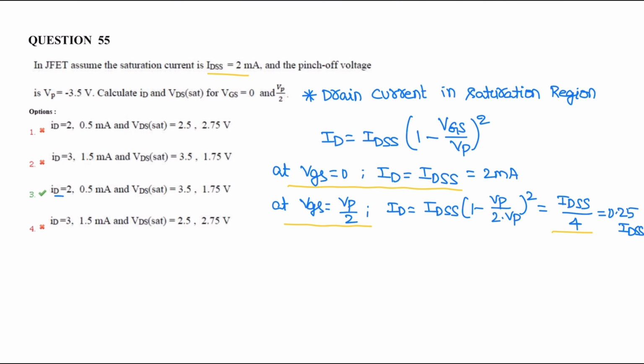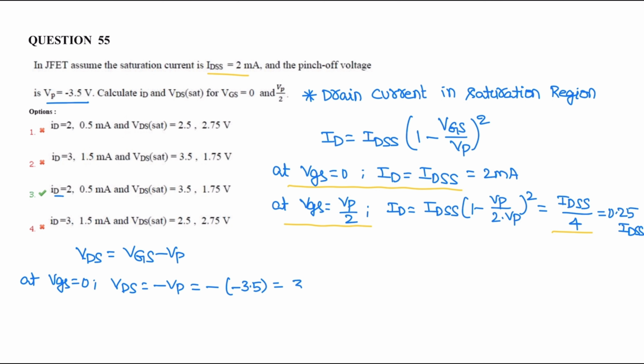Next, at VGS is equal to 0, we know that drain source voltage and gate source voltage are related as VDS is equal to VGS minus pinch off voltage VP. Again, at VGS is equal to 0, the drain source voltage is minus pinch off voltage, that is minus of minus 3.5 volts. Given pinch off voltage is minus 3.5 volts.